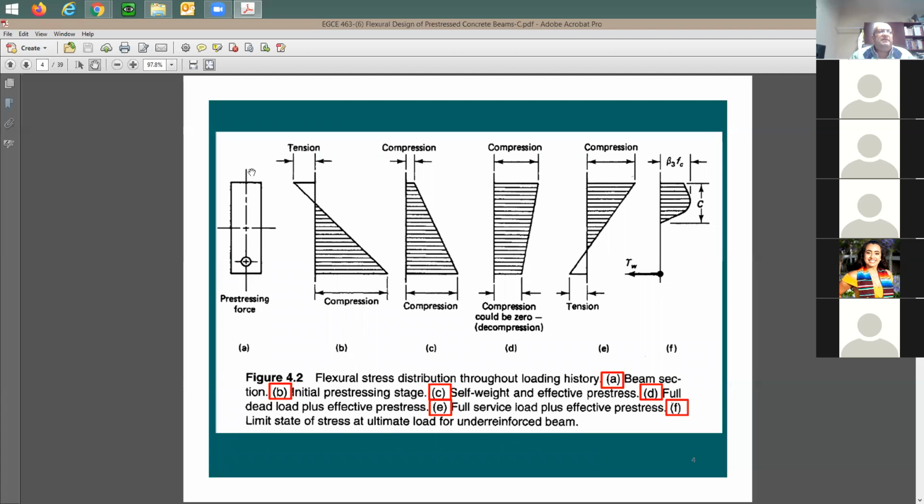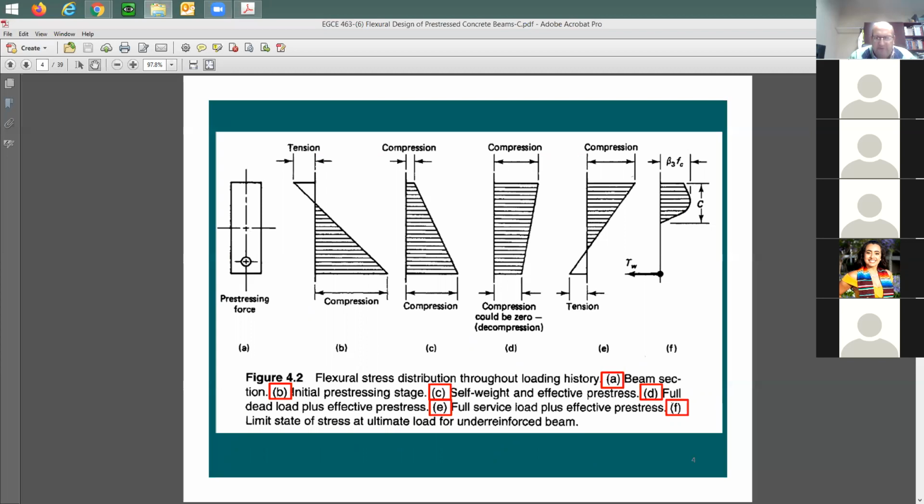Let's see what happened in a very typical standard pre-stressing beam. Here's the beam section, right? Just like rectangular section. This section is gonna be right in the middle because at each end, usually the pre-stress force is gonna be right here. We're gonna be draping the beam or draping the cable.